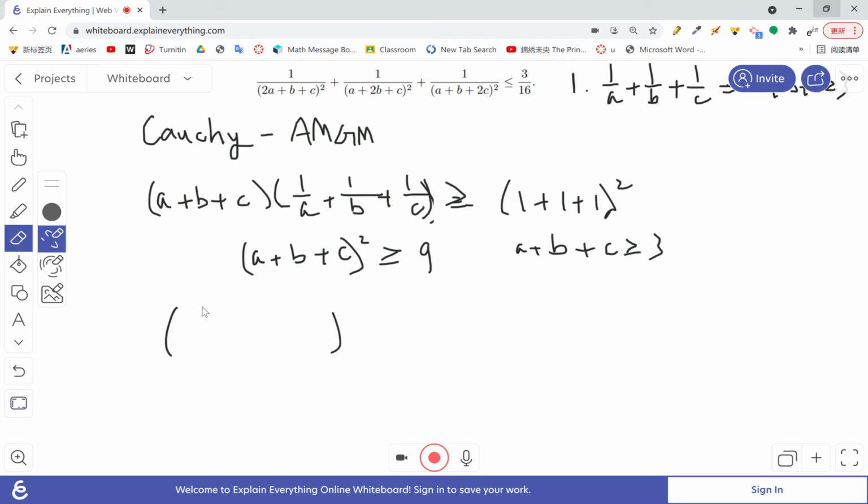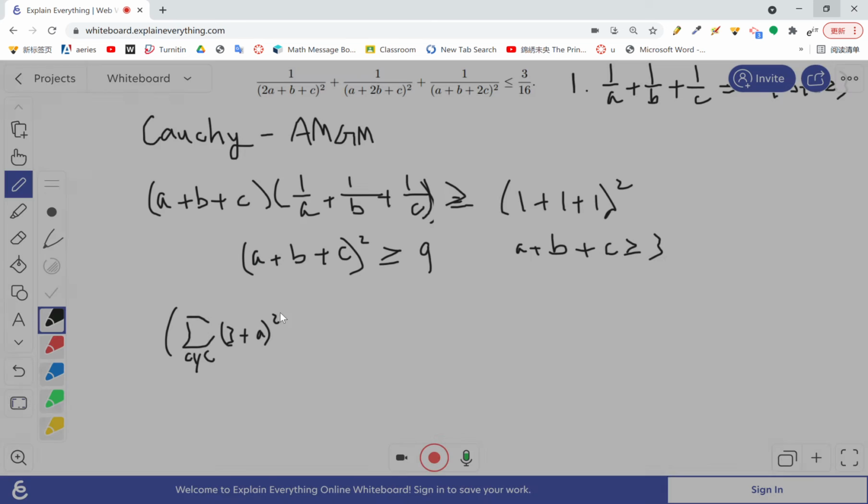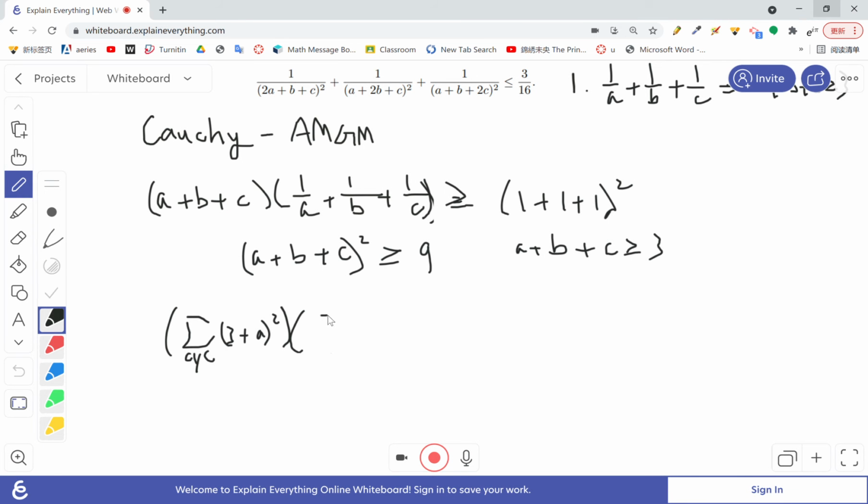We do the cyclic sum over a, b, and c of (3 plus a) squared, which is what we want to multiply, with the cyclic sum of 1 over (3 plus a) squared.